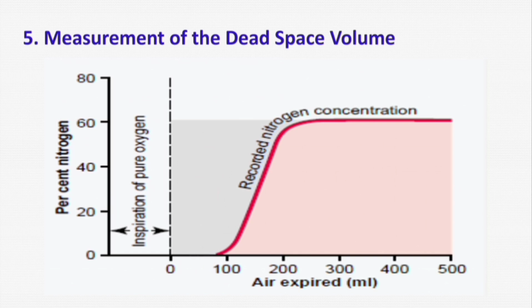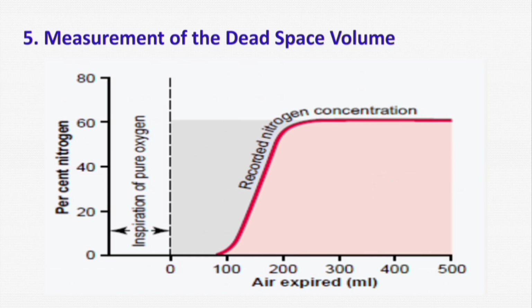But as the alveolar air begins to reach the nitrogen meter, the nitrogen concentration starts to rise, because the alveolar air normally contains large amounts of nitrogen. After still more air has been expired, all the dead space air has been washed from the passages and only alveolar air remains. Therefore, the recorded nitrogen concentration reaches a plateau level.